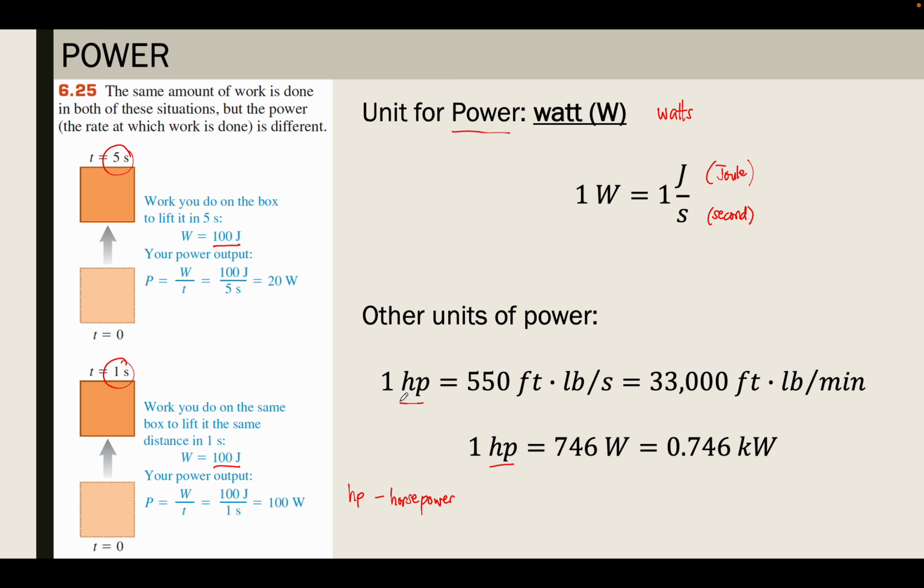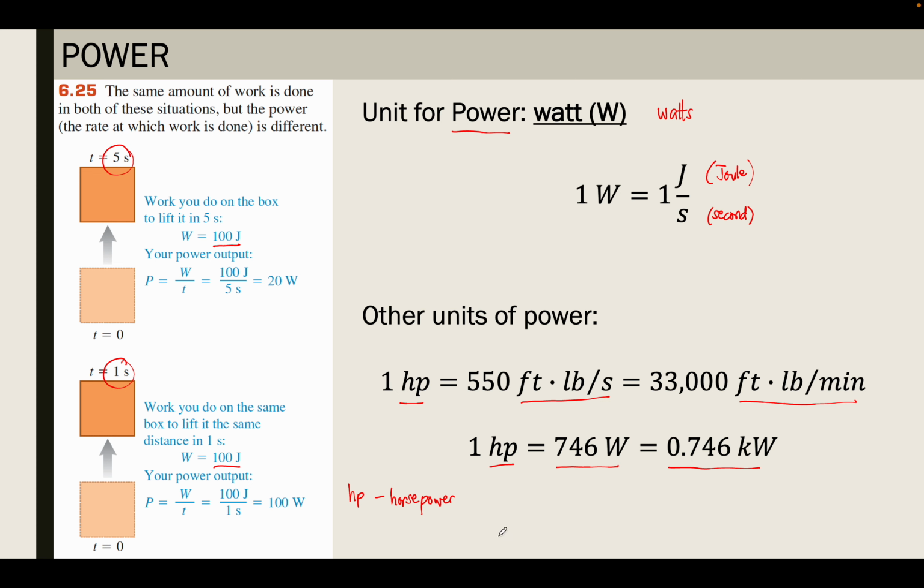One horsepower, or 1 HP, is equivalent to 550 foot-pound per second, or in terms of foot-pound per minute, 33,000. Converting from horsepower to watt, 1 horsepower is equal to 746 watts, or if we convert it to kilowatts, 1 horsepower is equivalent to 0.746 kilowatts.